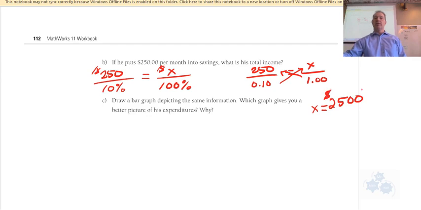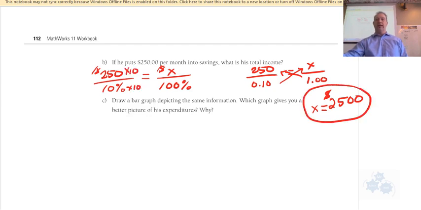That's correct. Or if 250 is 10%, the whole amount, the 100%, is 10 times that. Right? So 10% times 10 is 100%, so you could just do times 10 here to get that, and then you'd have to do times 10 here to get this one. So either way you get it. Okay? Good question.